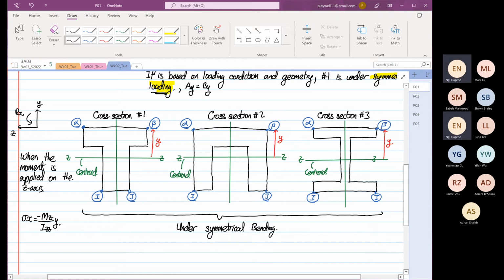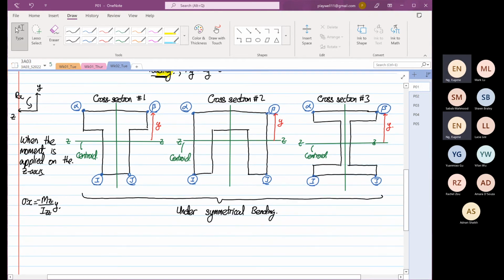If you look at the formula where stress X is equal to minus Mz over Izz multiplied by y, I will call this y1 and on the opposite end is y2.